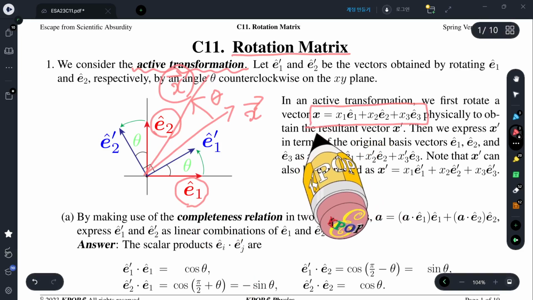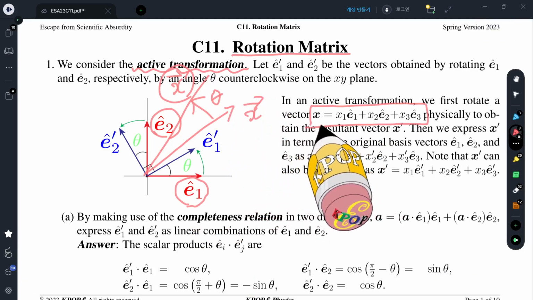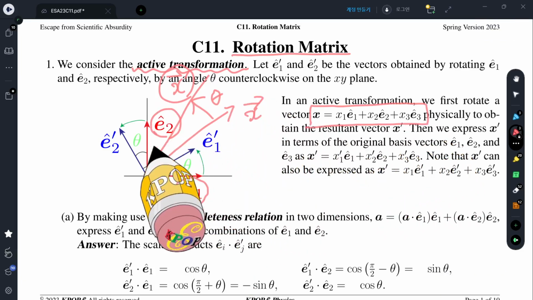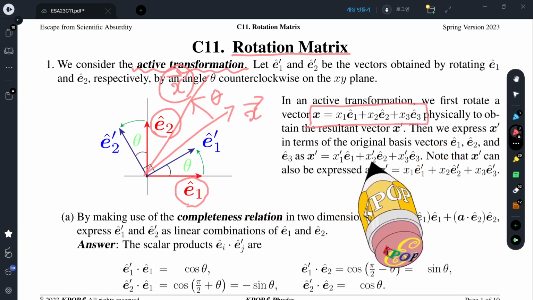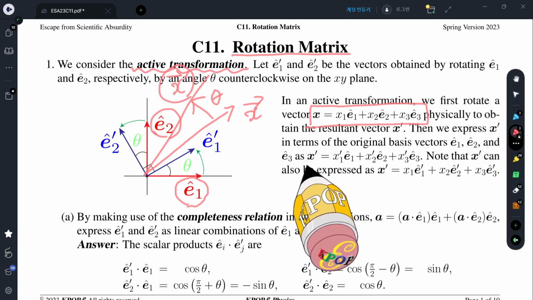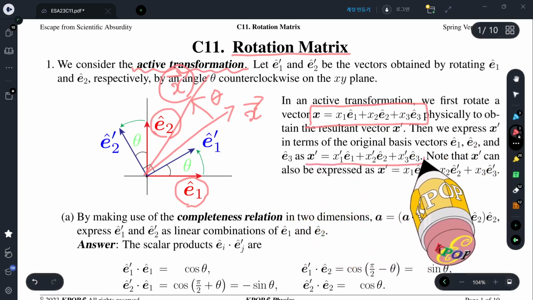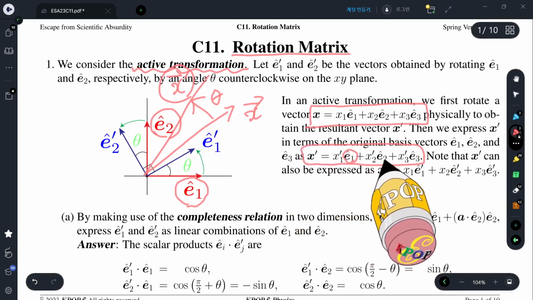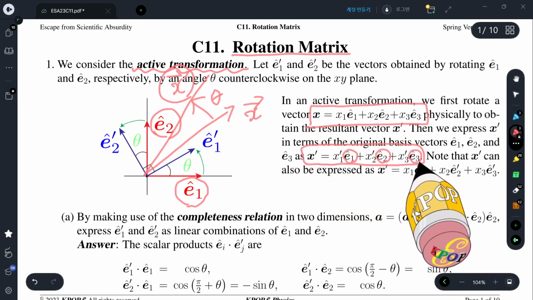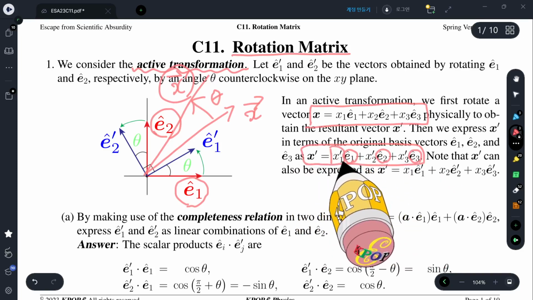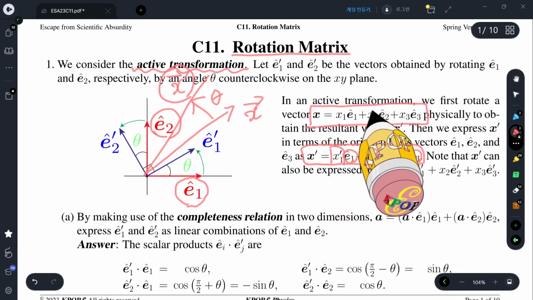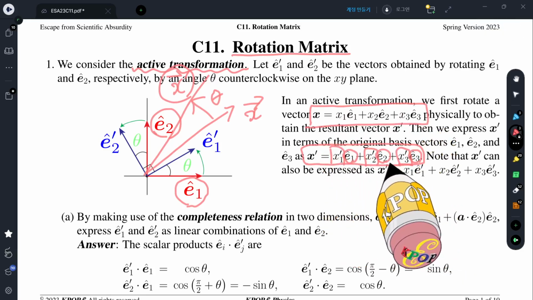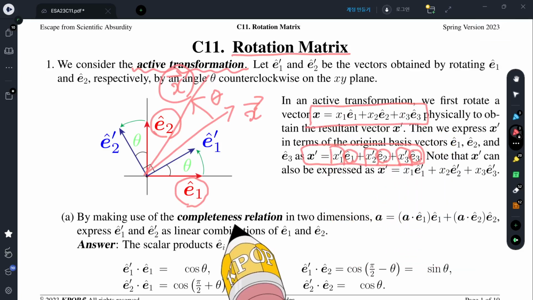Before the rotation, the x vector is a linear combination of these three basis vectors. After the rotation, it will be expressed in terms of the original basis vectors, and the Cartesian components transform from the original values to the resultant values.